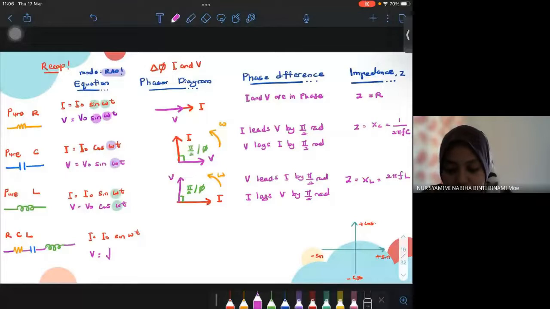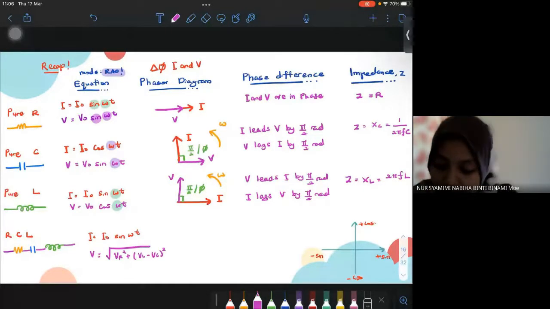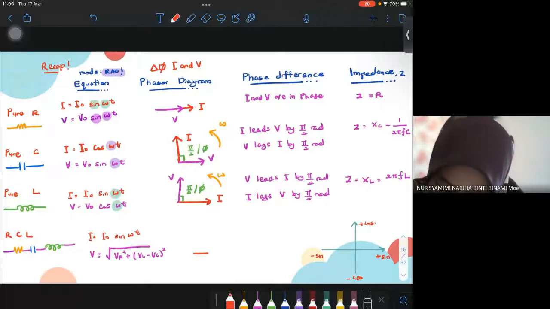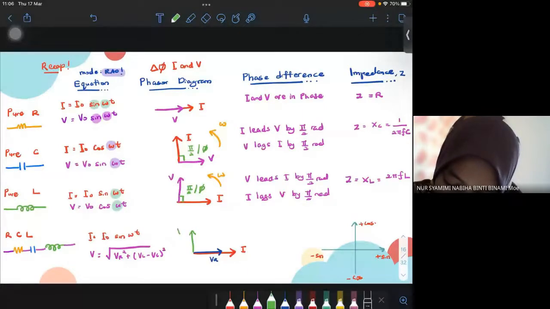So dia ialah square root of VR square plus VL minus VC square. Sebab apa? Semalam I kita kat kanan. So this is my I. VR in phase, so VR is here. Then VL dia lead I, so this is my VL. And we have VC dekat bawah.